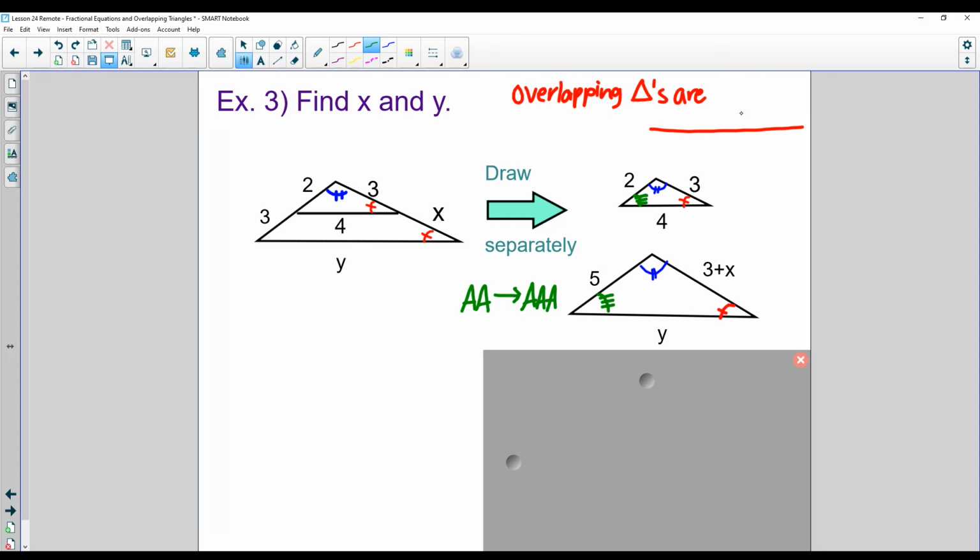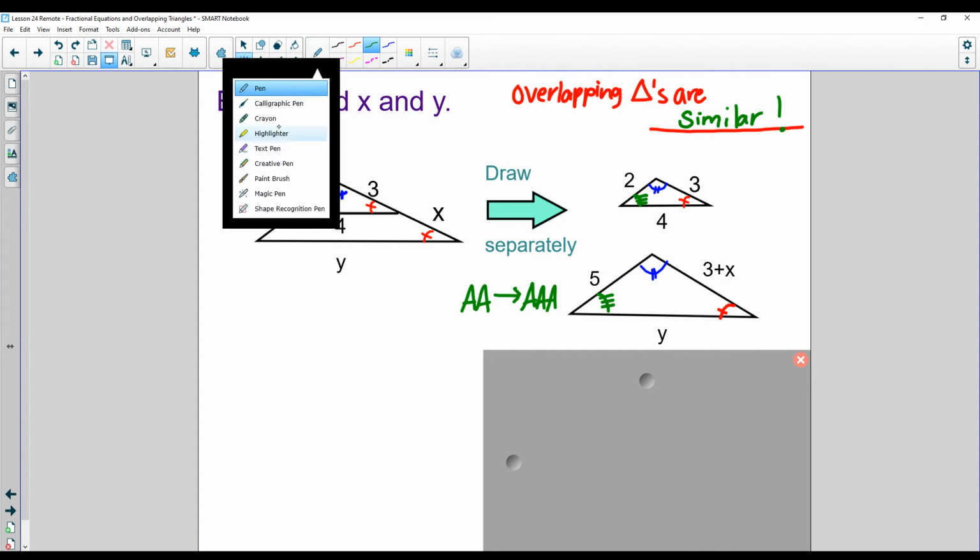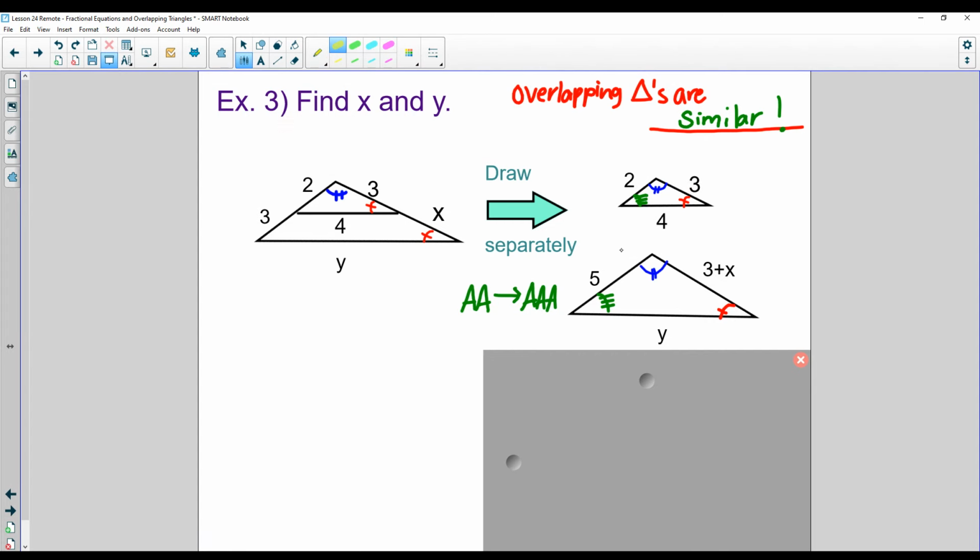What does that mean? Overlapping triangles are similar. So cool. Now that you know you have similar triangles, you can match up the corresponding sides and find the missing variables.